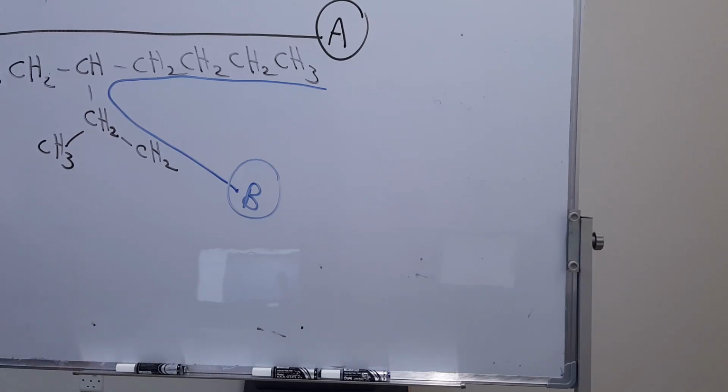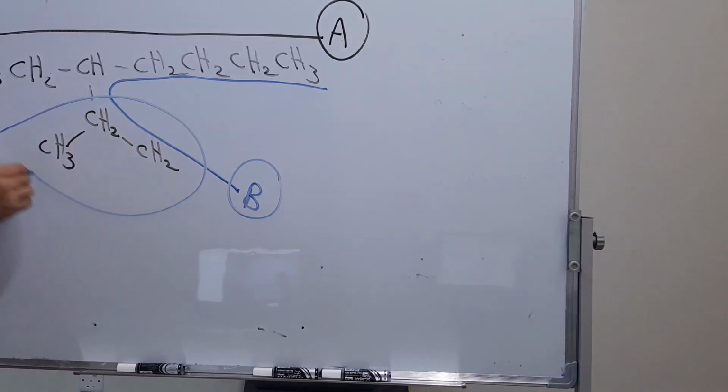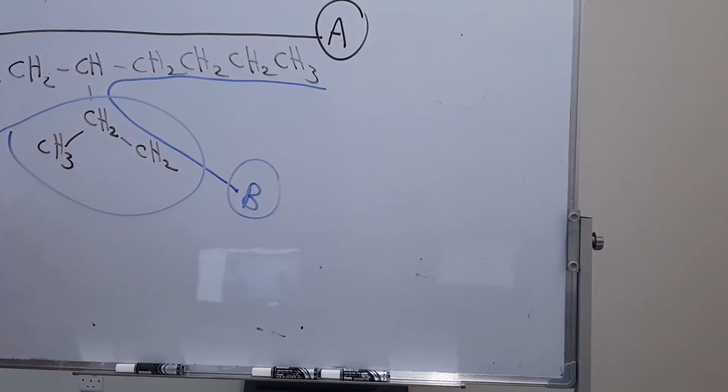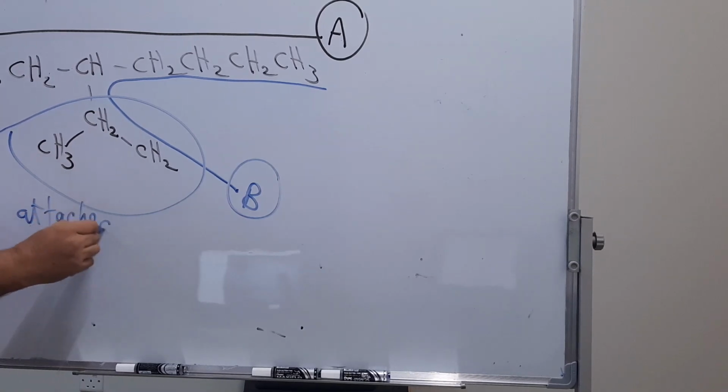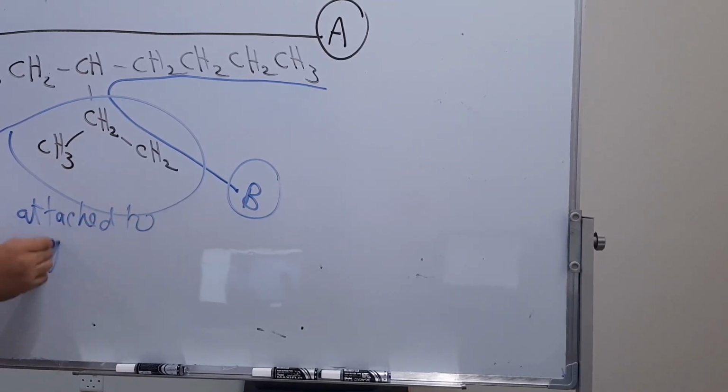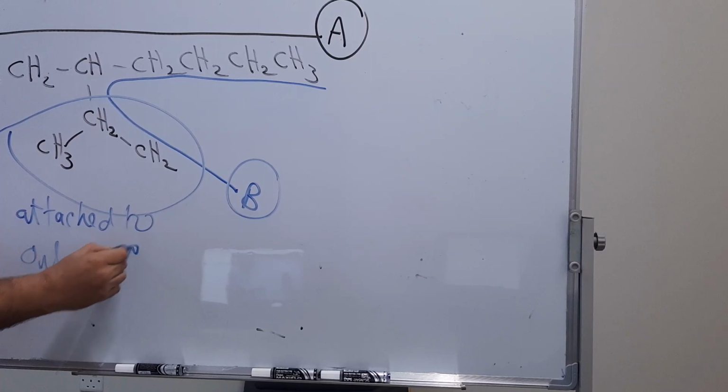Now, in A here, how many branches do we have? We have only one branch on A. So A is attached to only one branch.